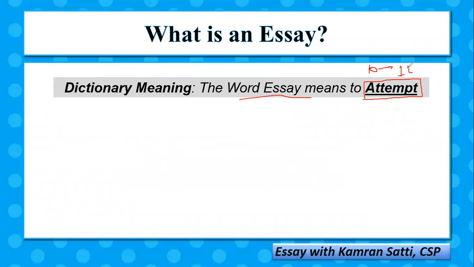So effectively, you have to choose one out of 10 topics, and you have to make an attempt to elaborate on that topic. Basically, you have to tell the examiner about your thought process and how you have put it down on a piece of paper. Okay, that is what the word attempt means. So this is the dictionary meaning of the essay, that is to attempt, and in the context of CSS it means to attempt a particular topic.